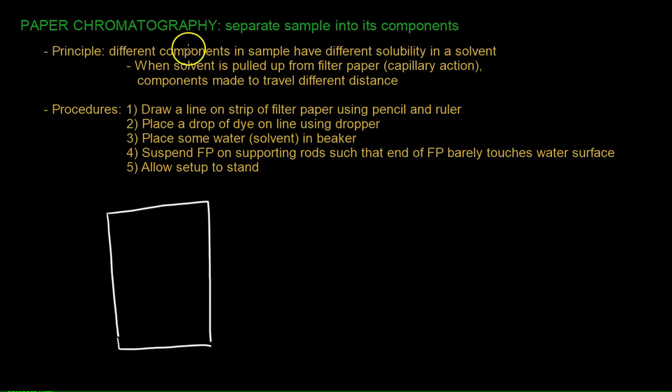Basically, the idea behind this is that different components in a sample have different solubility in a solvent. For example, in the case of a black dye, you can't see a black dye here, so I'll just draw it white. This black dye is made up of, for example, a pink dye, a red dye and a blue dye.